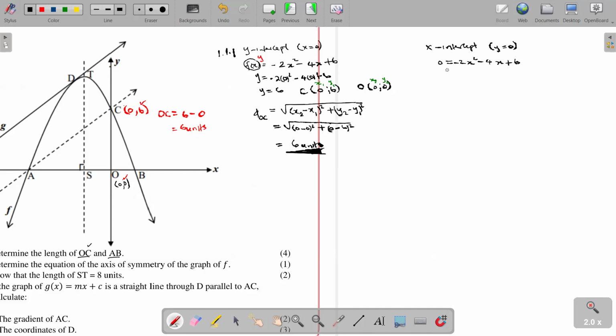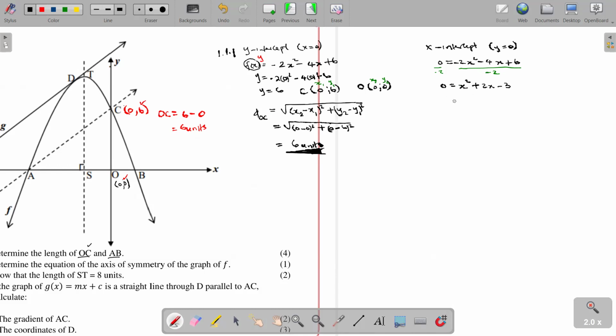Then if we divide throughout by -2, so that our equation in its simplest form, you'd realize that 0 is equal to x squared. If you divide here by -2, it becomes minus 2x, then minus 3.